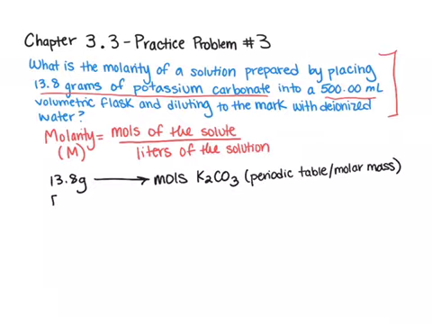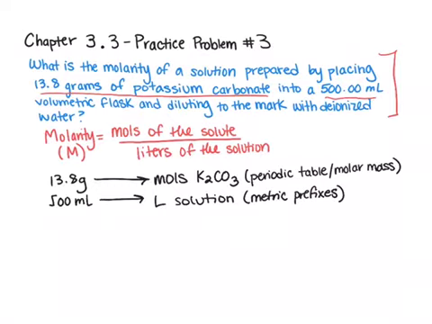So we are going to want to convert the 500 milliliters into liters of the solution. And we can do that using our metric prefixes. So once we convert these into the units that are needed for the equation, we can easily plug them into the molarity equation and solve for the answer.